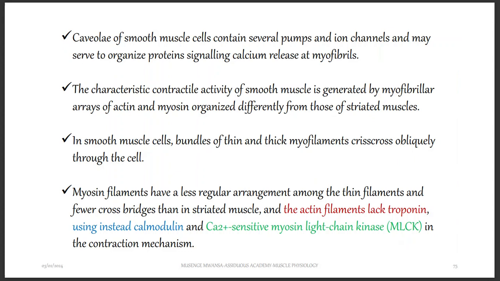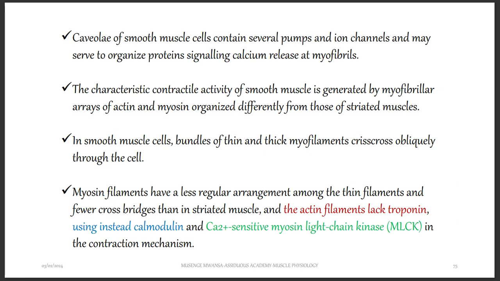The caveolae of smooth muscle contain several pumps and ion channels which serve to organize protein signaling and calcium release. The characteristic contractile activity of smooth muscle is generated by myofibrillar arrays of actin. In smooth muscle cells, a bundle of thin and thick myofilaments crosses obliquely across the cell.